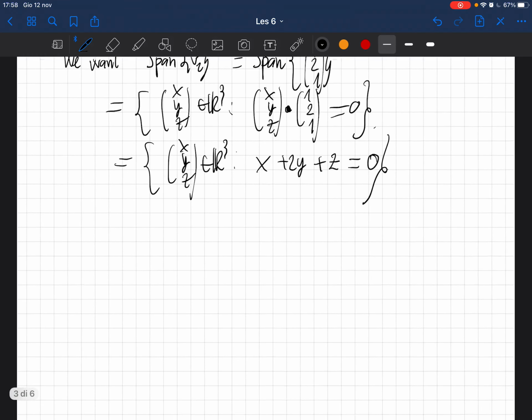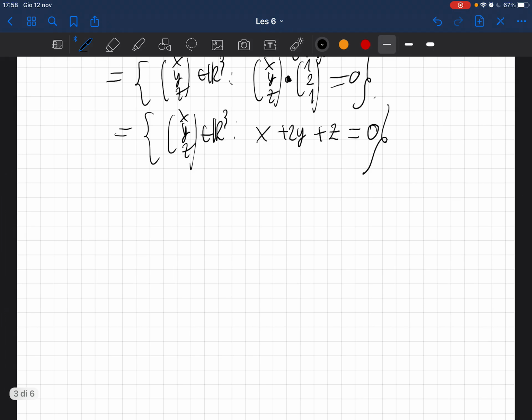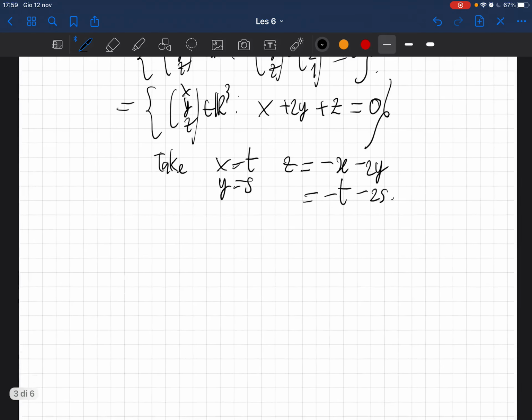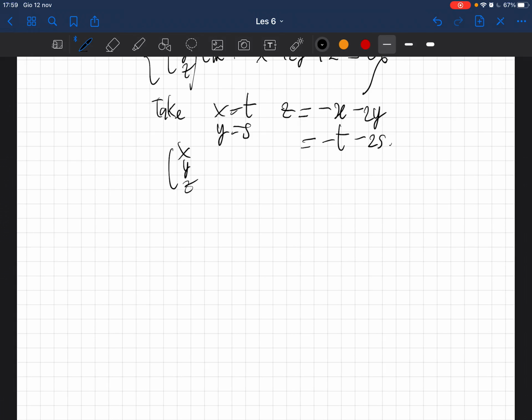So we have one equation here. This is a relation between these variables. So you can say, for example, take x equal to t, y equal to s, some parameters, and then the other is going to be minus x minus 2y, so minus t minus 2s. So you can write it as t, s, and minus t minus 2s.